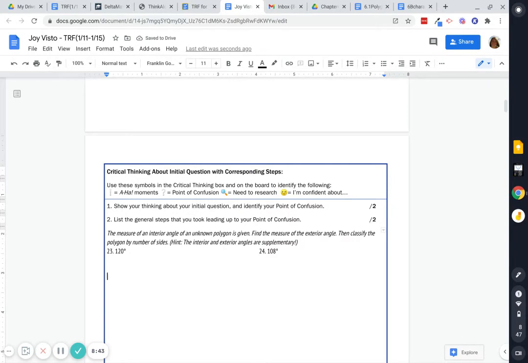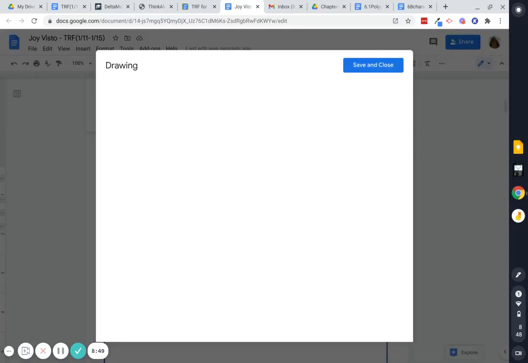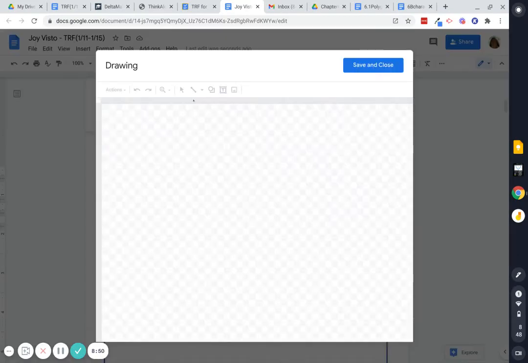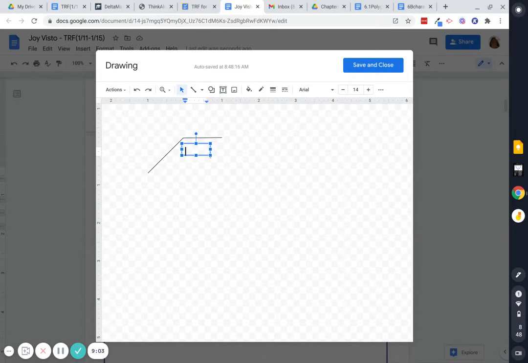Okay, so I might insert a little drawing. And I might try and draw one of my corners. There's my angle. I know this is 120. And then because I know supplementary, I know the outside is 60.